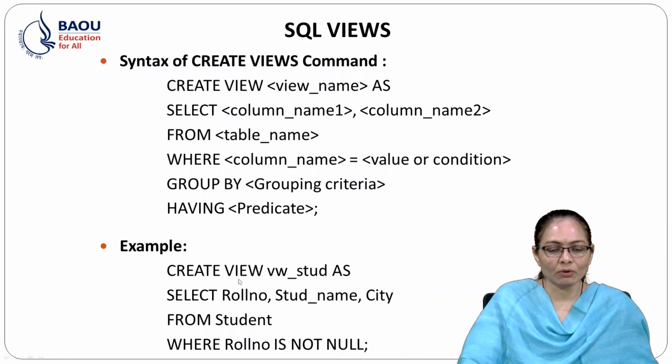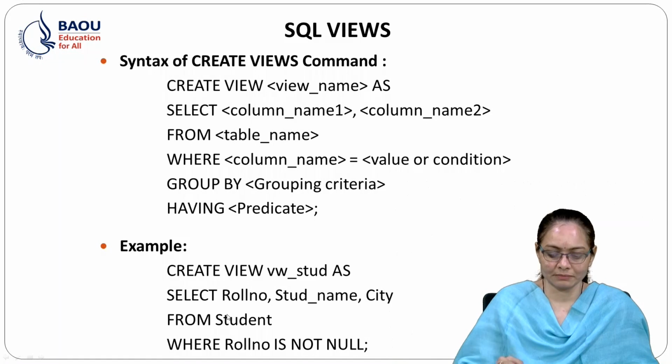This view contains only those rows whose roll number is not null. It is the same as a table, but this table contains these 3 columns, and only rows with a non-null roll number are included. We see how to create it. This one is a select command. Before the select command, you have to write create view, view name and then as. Only this line is written before the select statement.